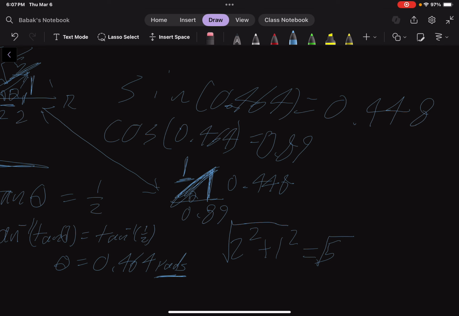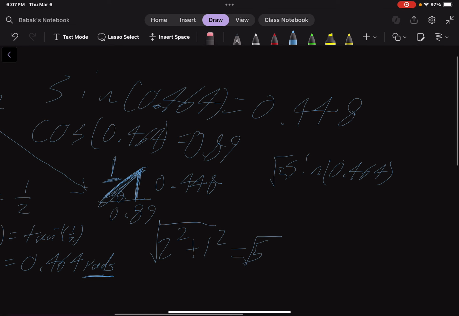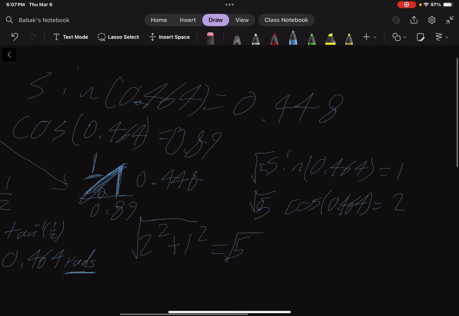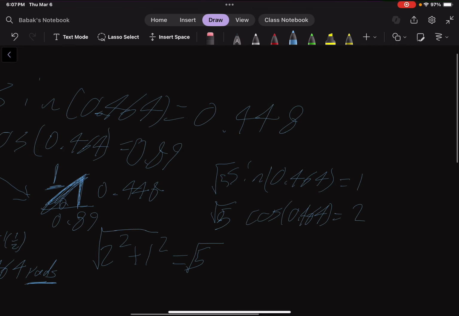So, if we multiply the sine of 0.464 by root 5, and similarly the cosine of 0.464 by root 5, we will, in turn, get 1 and 2 respectively. And herein we arrive at our initial equation.